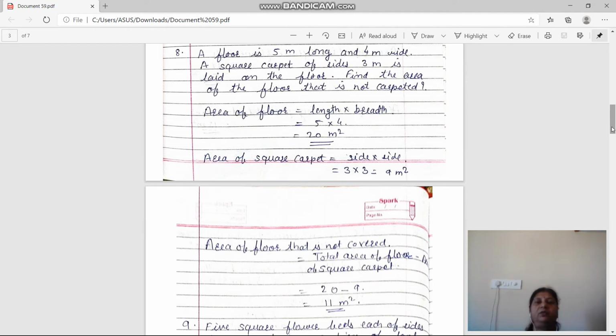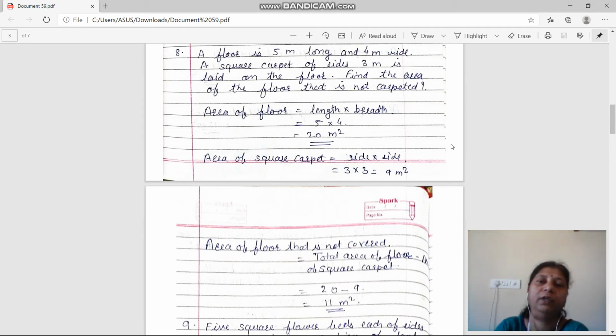Then we have to find out the total area of the square carpet. If the floor area is greater, then we subtract floor area minus carpet area, that is the area which is not carpeted. Clear? So let's start.